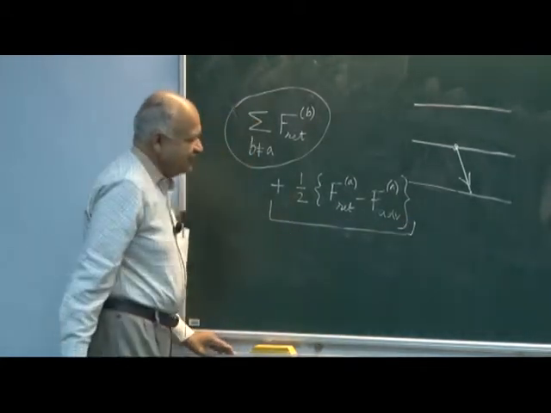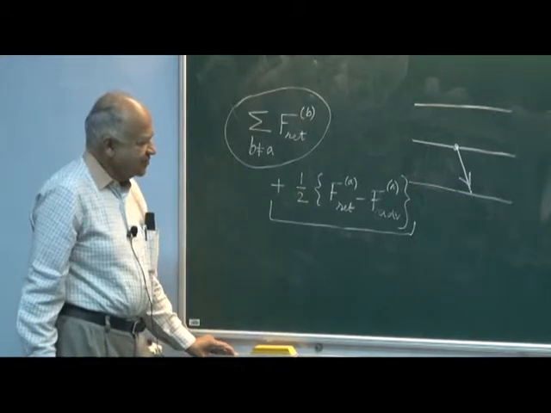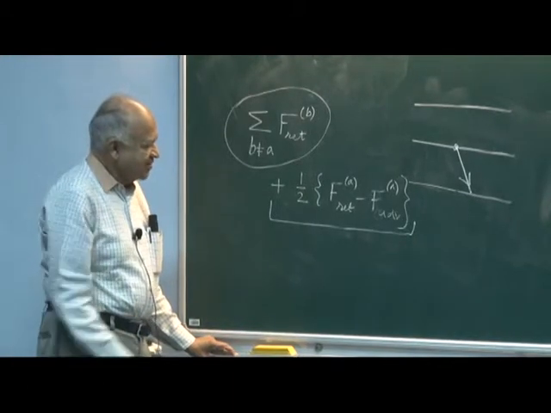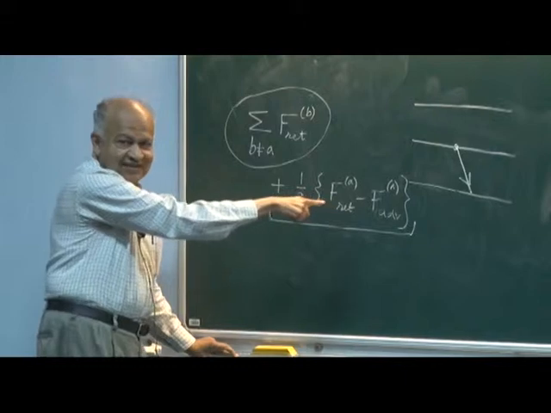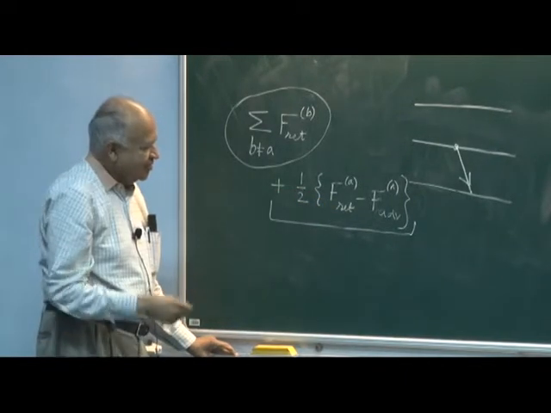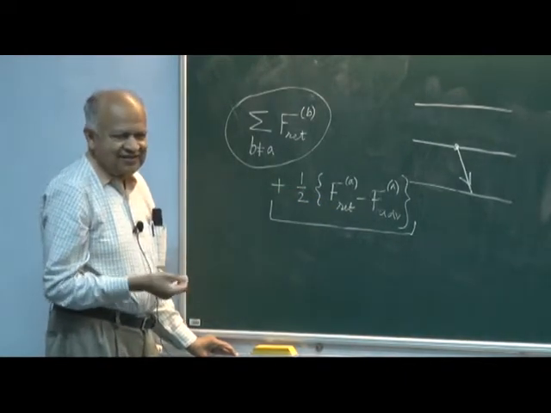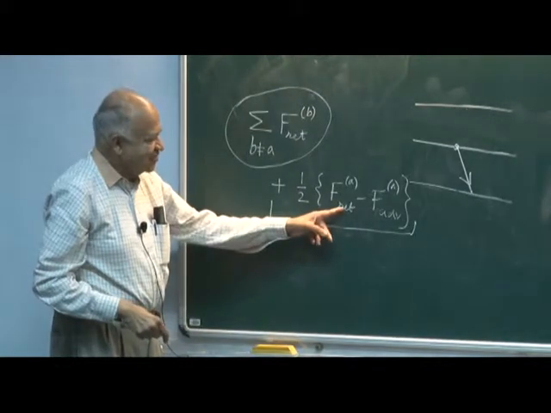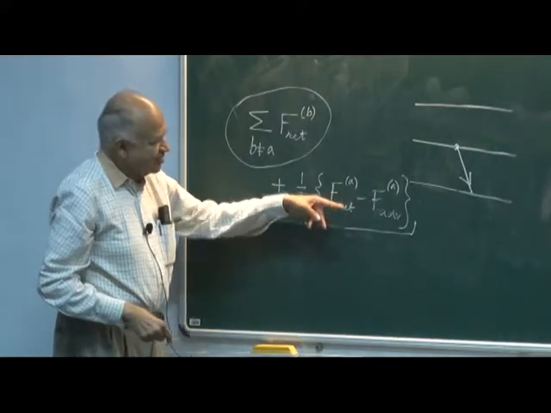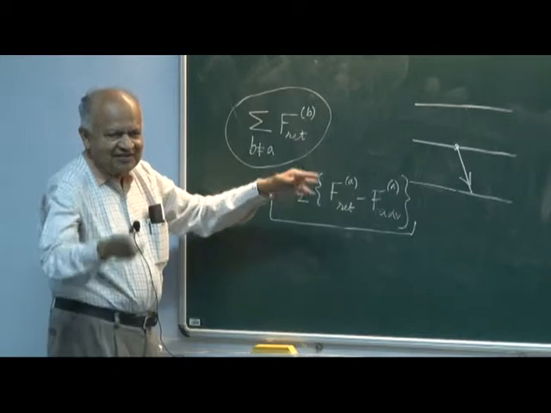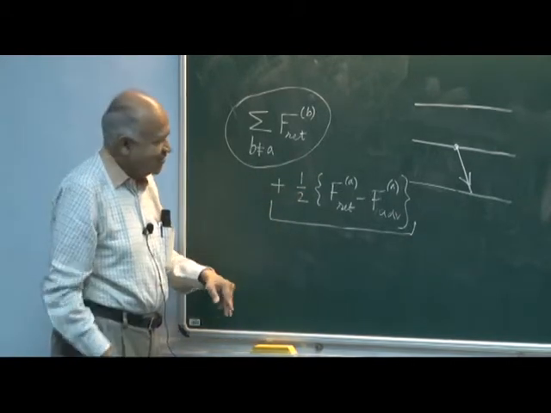Because this term apparently is defined in terms of the charge A, it looks like a self action term, but it is not self action. We saw that this term comes from the rest of the universe, the response by the rest of the universe.